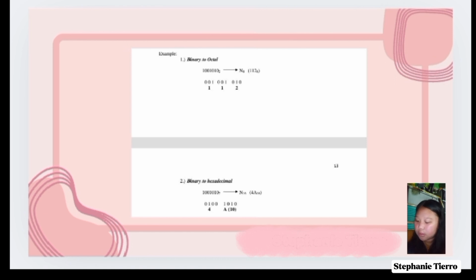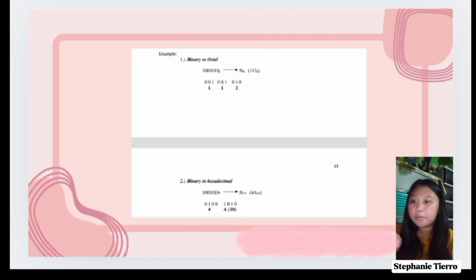Pagka-add, baba natin yung groups niya. 0, 1, 0, 0, and 1, 0, 1, 0. Pag na-bring down na natin is i-times na natin siya. Yung first 10, i-times natin siya sa 0. Makukuha natin is 0. Yung second 10 is 1, which is makukuha natin si 10, or A.